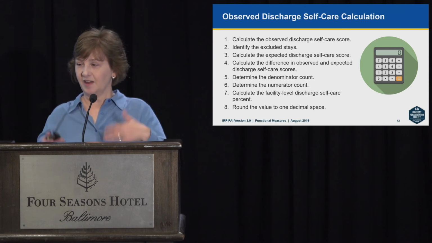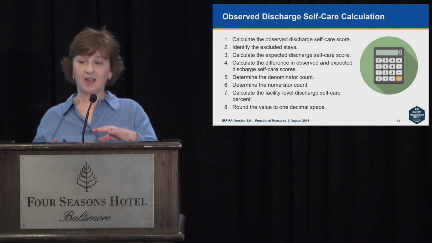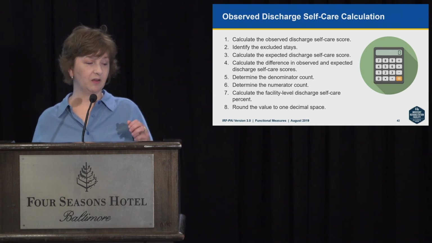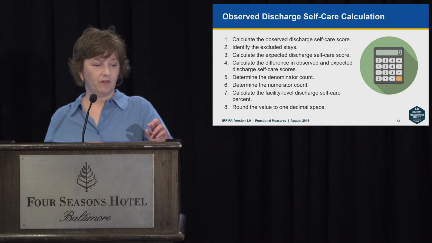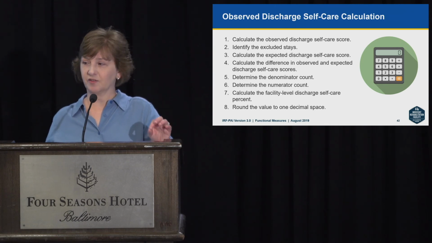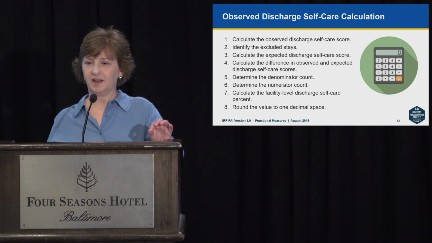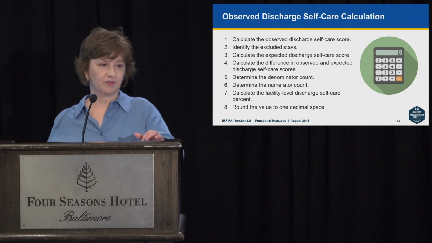As part of the analysis, obviously, we need to identify the stays that would be excluded. Anybody under 21, for example, or anybody with an incomplete stay would be identified and excluded. At that point, the risk adjustment comes in for this measure. For each stay, using the admission data and the risk adjuster data, an expected score is calculated for each person.